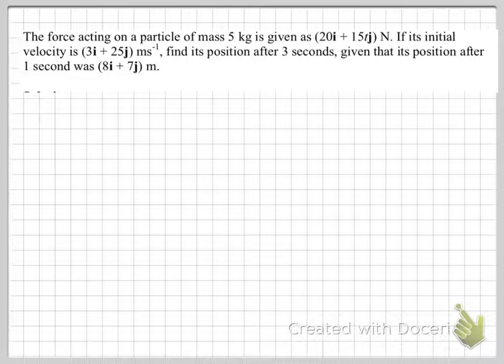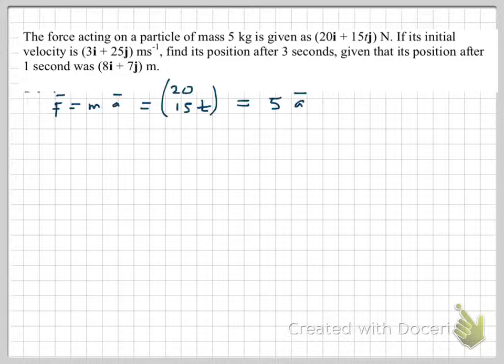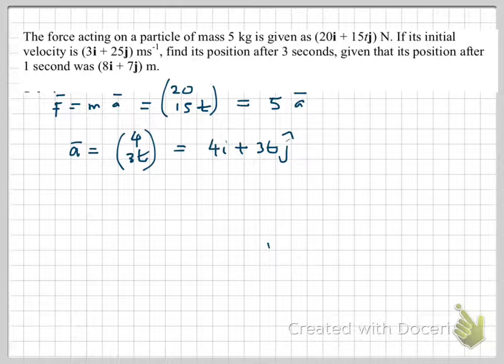We can obviously see there's some acceleration, velocity and displacement involved in this question. We can start by considering Newton's law, F equals ma, and substituting F, which is 20i and 15t, and that gives us m times a. And if we rearrange this expression, we can form an equation for a, and so therefore a is 4i plus 3t j.